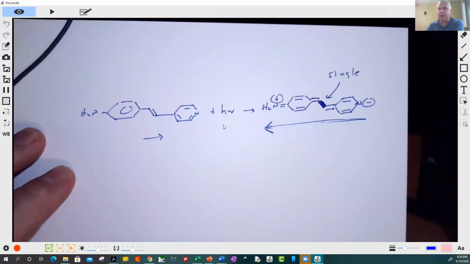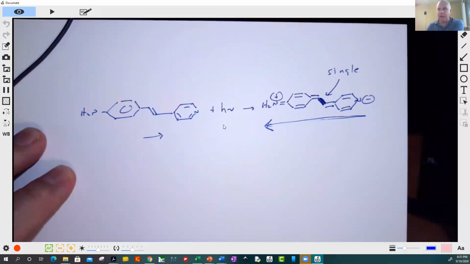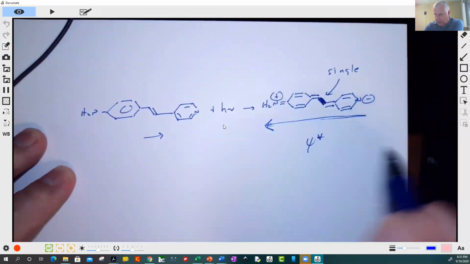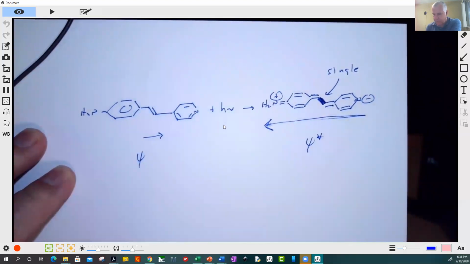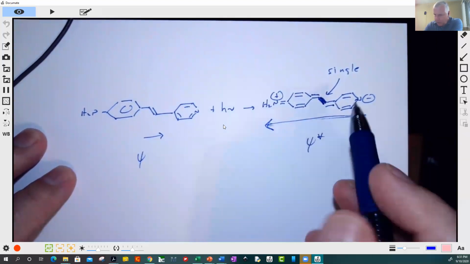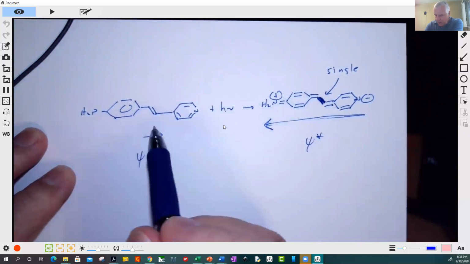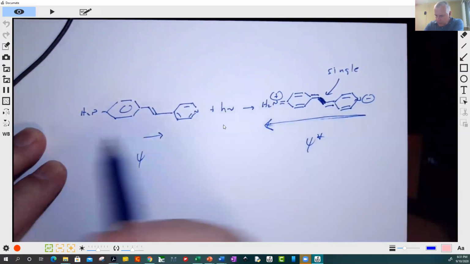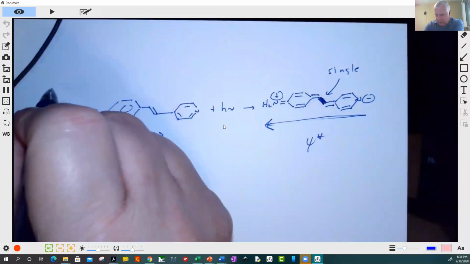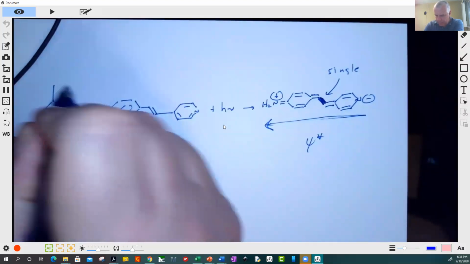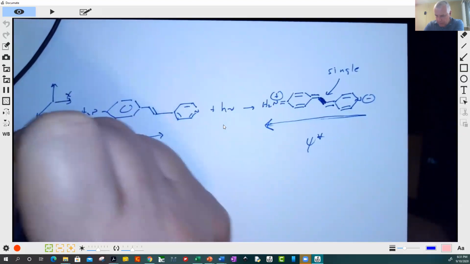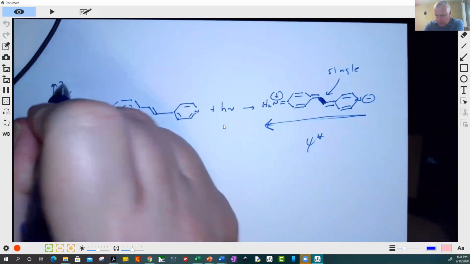Well, and this is actually the psi star state, and this is psi, right? So you can see how the transition dipole moment operator here would have to do with movement of charge along this sort of x-axis. We've got x, y, and z here.